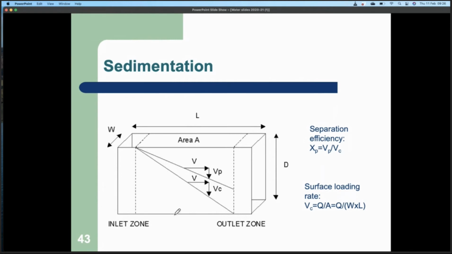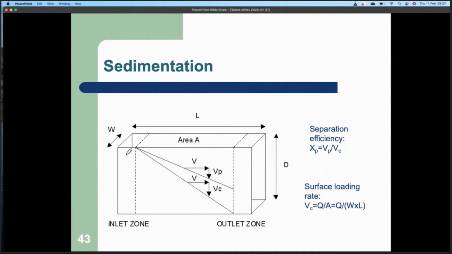If there is enough time for the particles to traverse the distance from where they are to the bottom of the tank in the time that the water stays in the tank, then they will settle out. If the water flows faster through the tank, the particles cannot settle to the ground, so they will not settle out and they will overflow. And that's really all it comes down to.